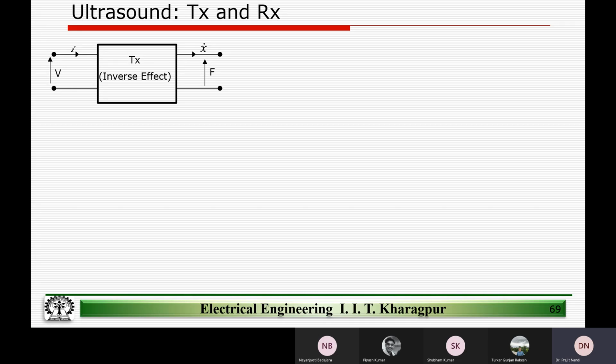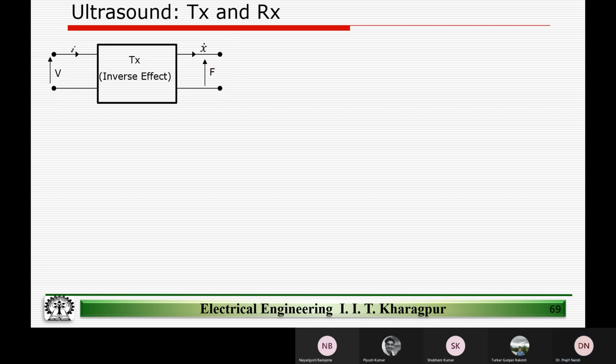Here we are talking of ultrasound, and we are electronics engineers, so we will talk from an electronic signal perspective. So the input we are going to give is an electrical signal. It's a two-port terminal, port 1 on the input side and port 2 on the output side.